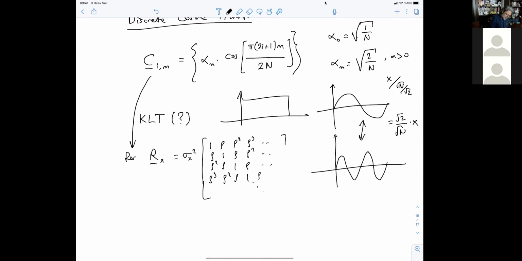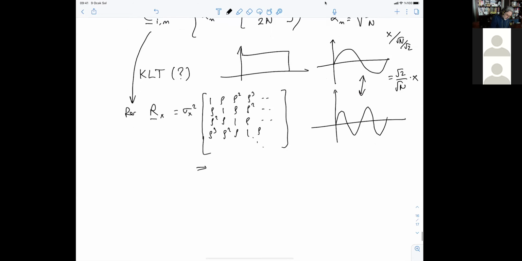So if your autocorrelation is like this, which means it is an autoregressive 1 sequence with a correlation coefficient of rho, and as rho approaches 1, rho is between -1 and 1, but if it approaches 1, then the Karhunen-Loeve transform, or the basis vectors of this autocorrelation, you stack them and then take the inverse of the matrix to find the transform, will approach the discrete cosine transform, and that's an amazing property of the discrete cosine transform.